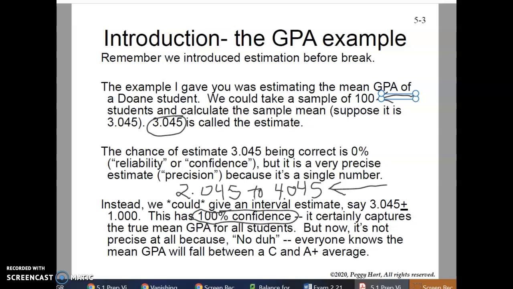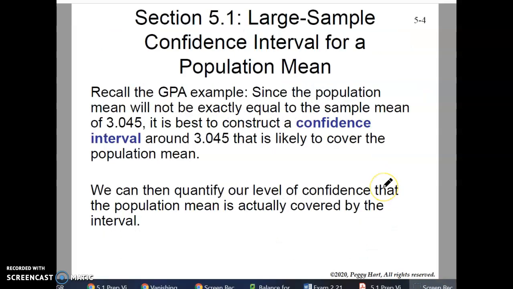So we're looking for a balance of confidence and precision. In section 5.1, we try to balance those two things. Since the population mean will not be exactly equal to the sample mean 3.045, it's best to construct something called a confidence interval around 3.045 that has a high probability of covering the population mean.